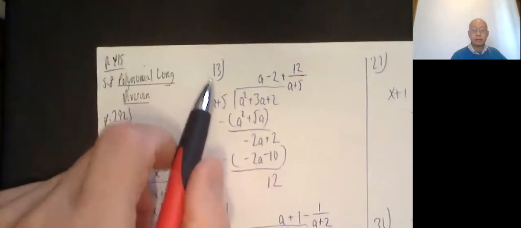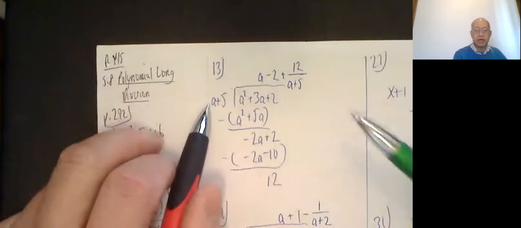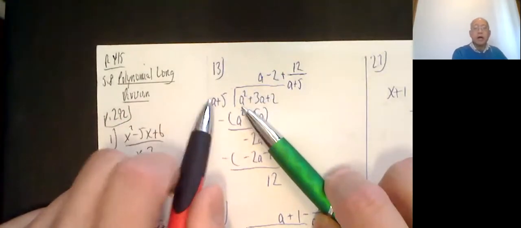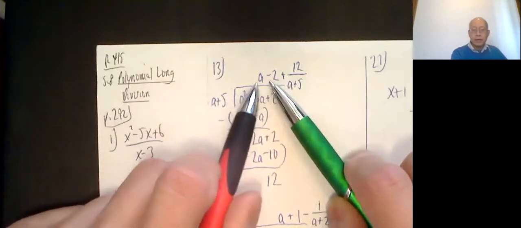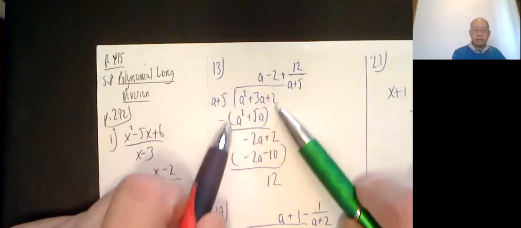What do you do if there is a remainder? Like 13. A squared plus 3a plus 2 divided by a plus 5. First thing here, first thing here. How do you go from a to a squared? Multiply by a. Then a times this whole thing is a squared plus 5a. Subtract.